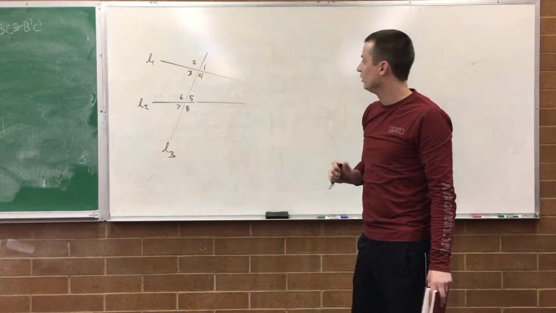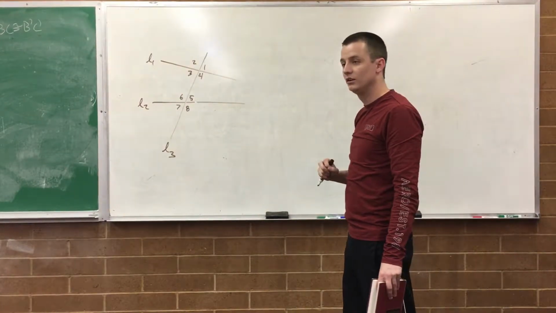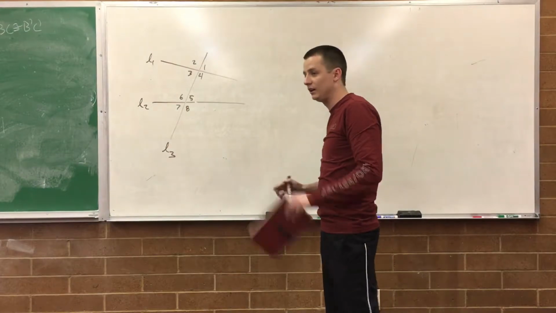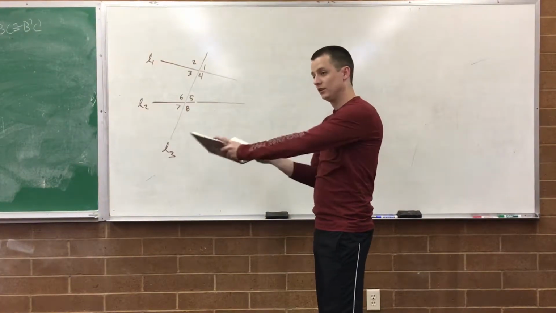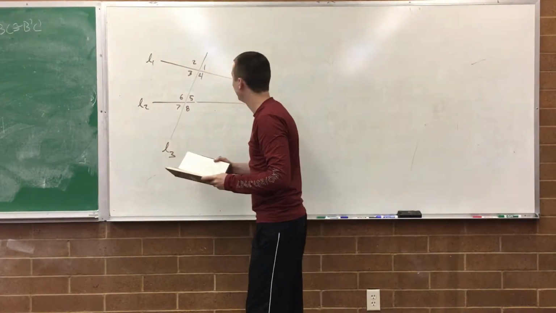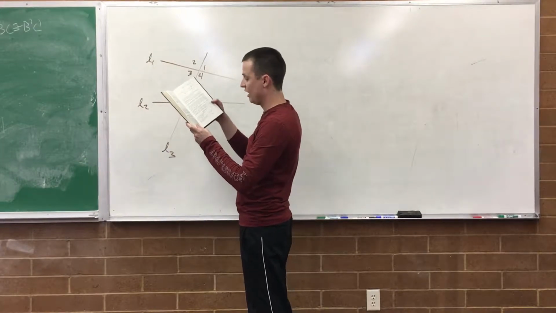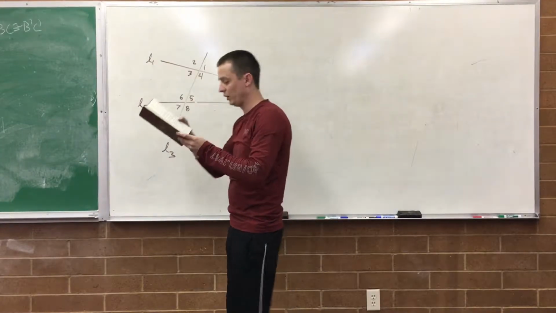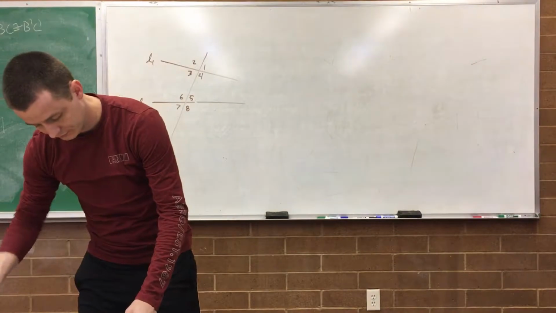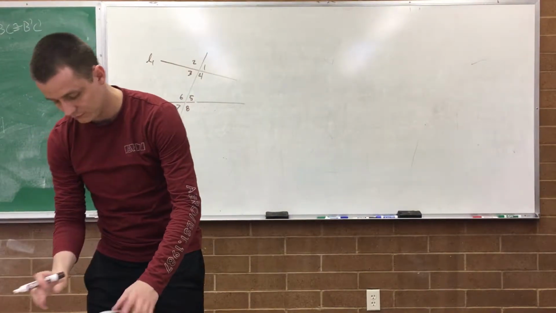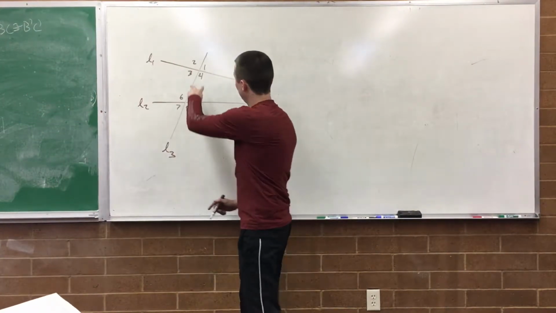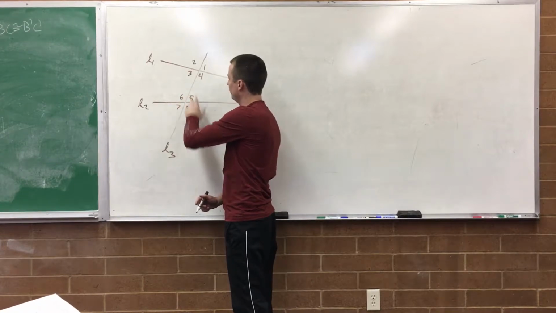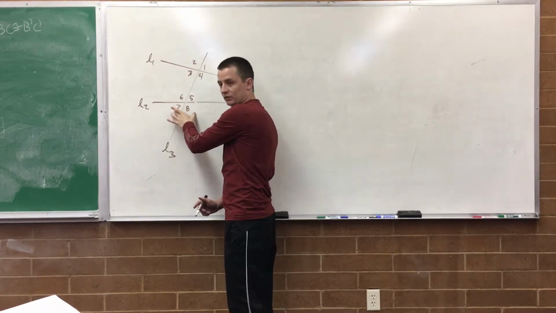The alternate angle of 2 is 8. Perfect. So we have corresponding angles, we have alternate angles, and then we have interior and exterior. We call these ones the interior and these ones the exterior.